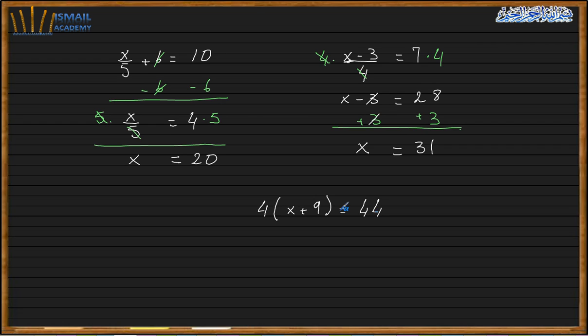So I got the value of one expression because 4 divided by 4 is just 1, and 44 divided by 4 is 11. Then minus 9. Okay, so what's left is x, and 11 minus 9 will be your solution to the equation.